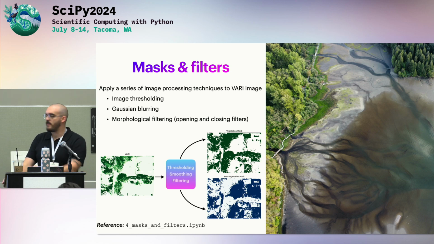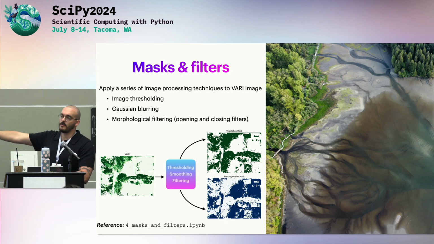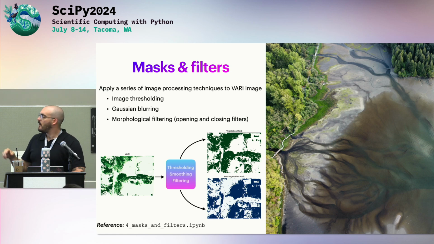We're going to be doing thresholding, blurring, and then morphological filtering. If you don't know what that is, that's okay, we'll walk through it. We're going to take that VARI image we saw earlier and compose it into a vegetation mask and a non-vegetation mask. A binary mask in this case means all the ones will be vegetation, all the zeros will be not vegetation.